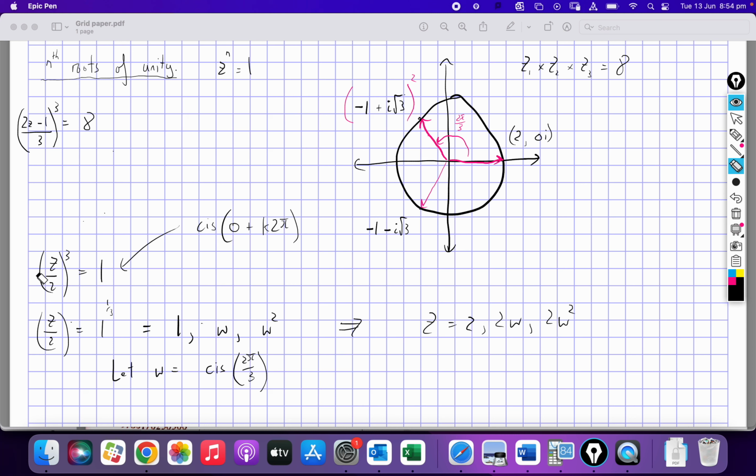So we can use the roots of unity idea here as well. Maybe it's unnecessarily complex. Might just simplify it.